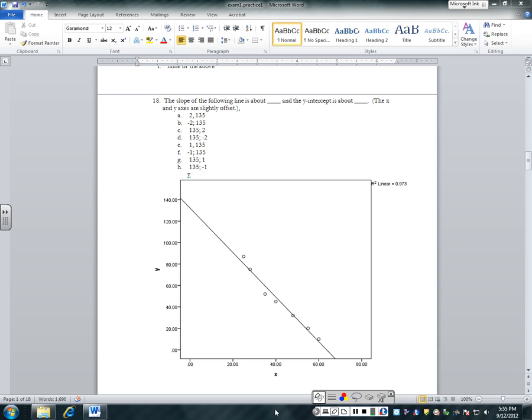Let me also take note here that the X and Y axes are offset a little bit. See, here's 0. So if we did have the axis on here, it would go like there. The Y-intercept then is where this line crosses the axis. So the Y-intercept, which is the second one there, is about 135.